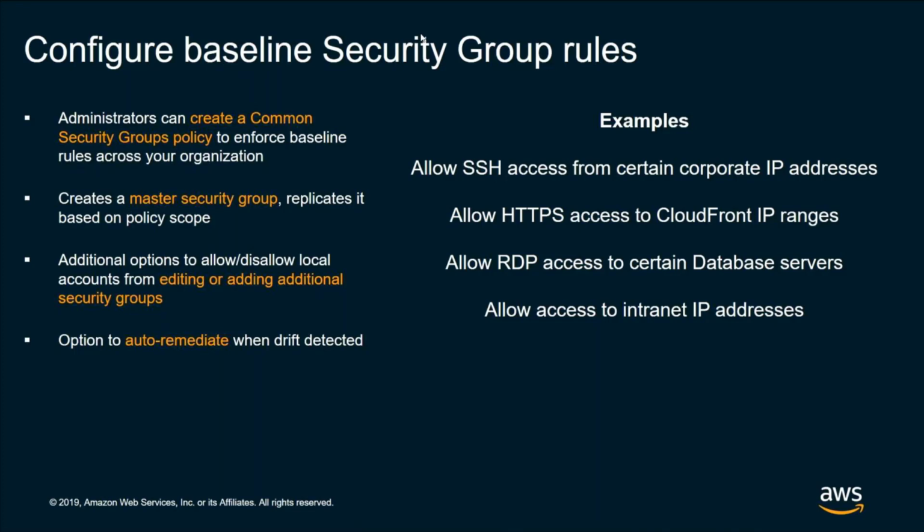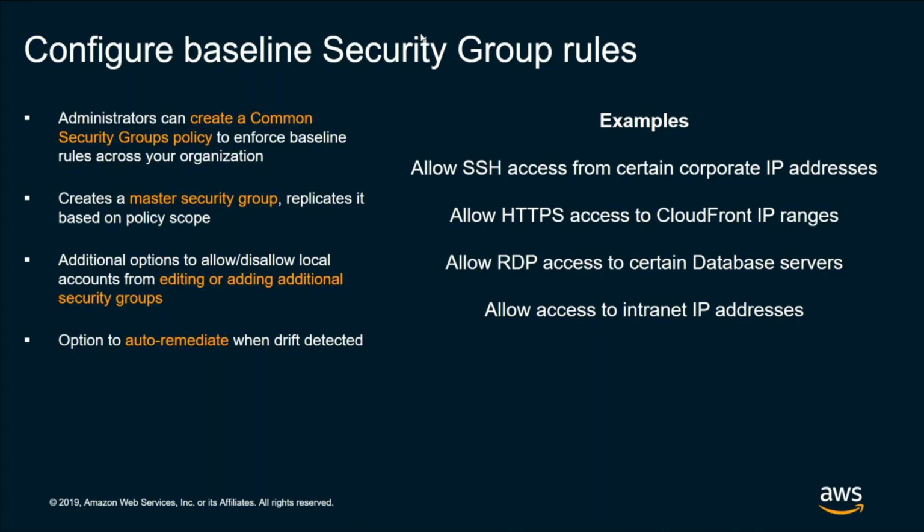These are several examples of where you can apply a baseline of security group rules across your organization, and know that these rules will consistently be enforced even as new accounts and applications are created.